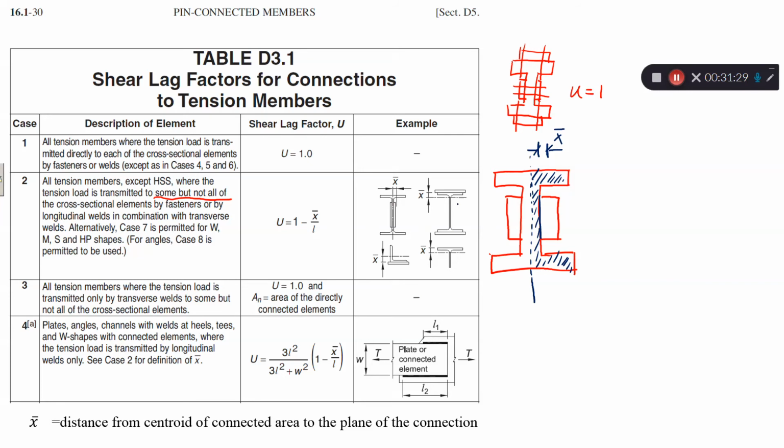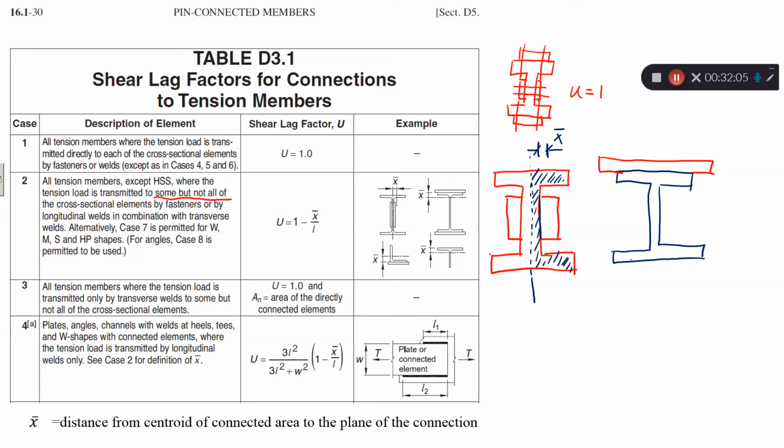And the second scenario is you have, say, a wide flange shape, and there is a plate, either welded or bolted on the flange, right? And in this case, the connected area is the flange.